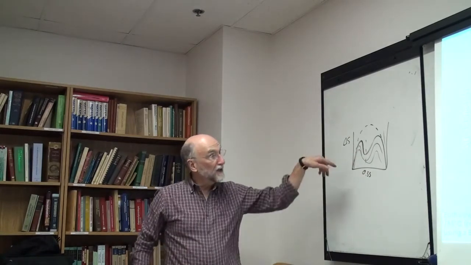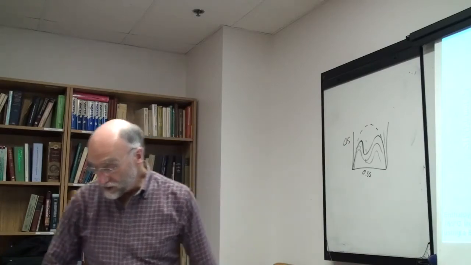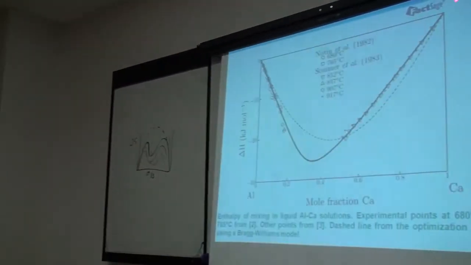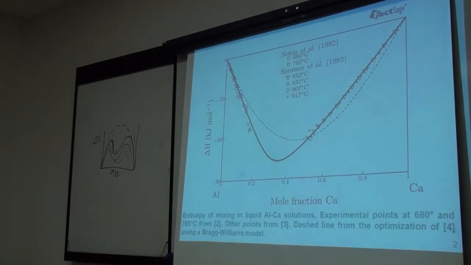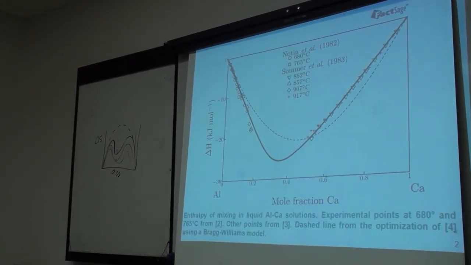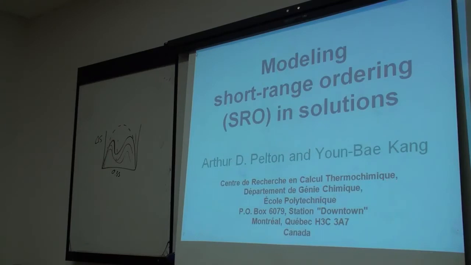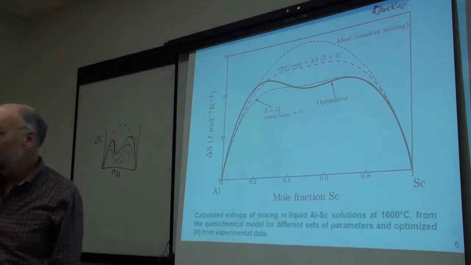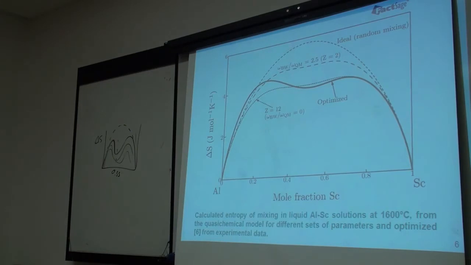So this is an indication of that's your other case of ordering. So if you have short range ordering, the heat of mixing tends to be a negative V shape with 2 straight lines coming down. And the entropy of mixing tends to be a small M-shaped curve. And the further down this minimum is, the more ordered. Okay, so this is what you get.